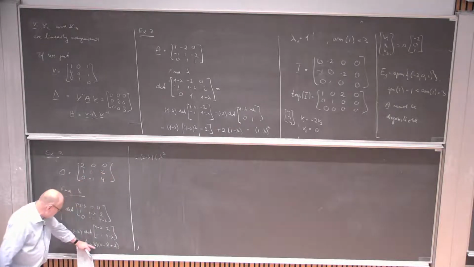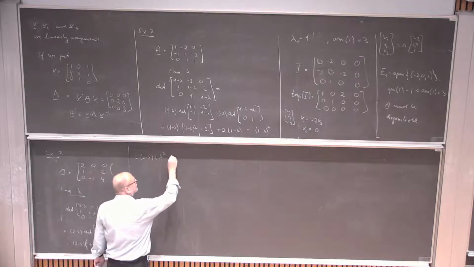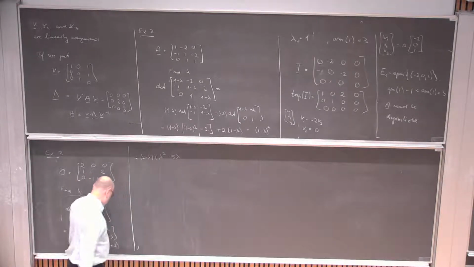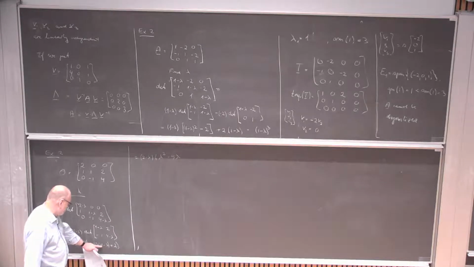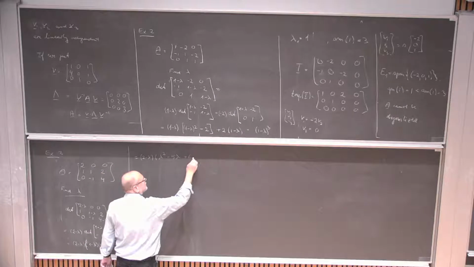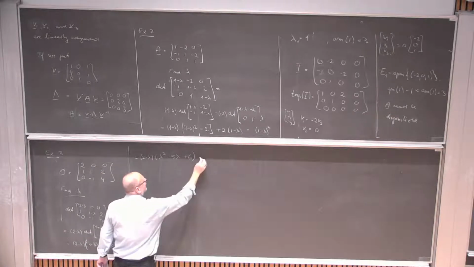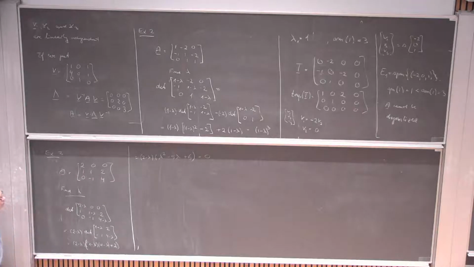And then you get minus 4 lambda, minus 1 lambda, that is minus 5 lambda. And then you get 4 plus 2, that is plus 6. And you want to find the roots of this polynomial, this characteristic polynomial.